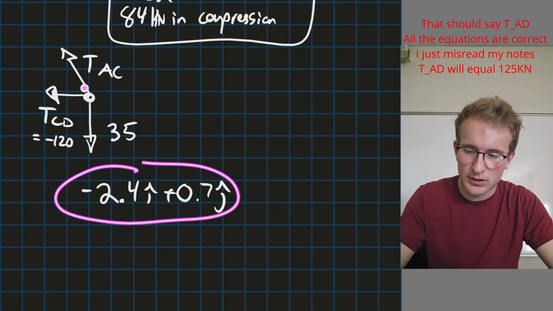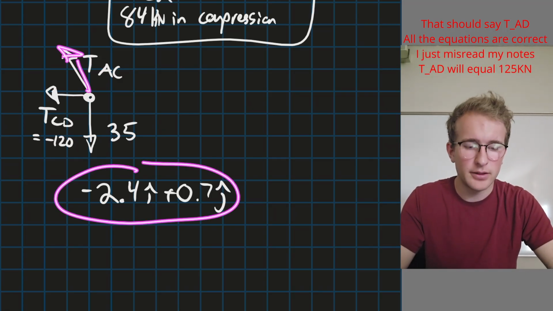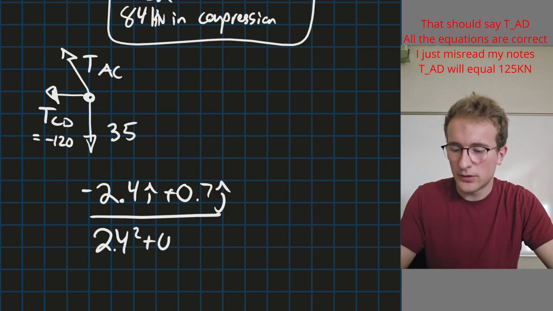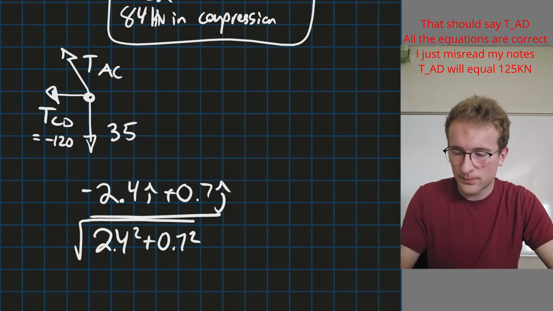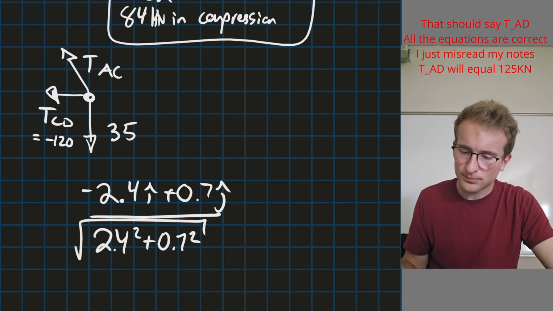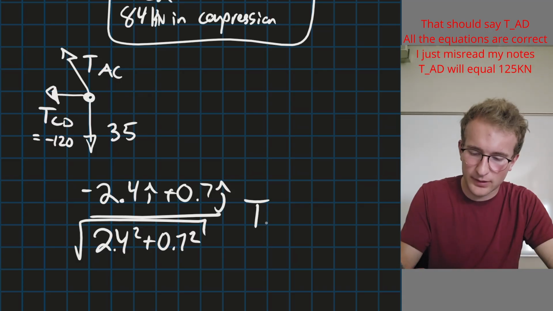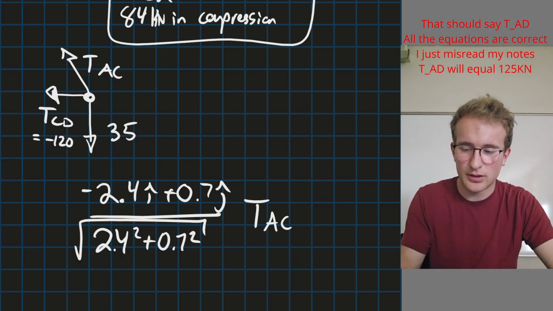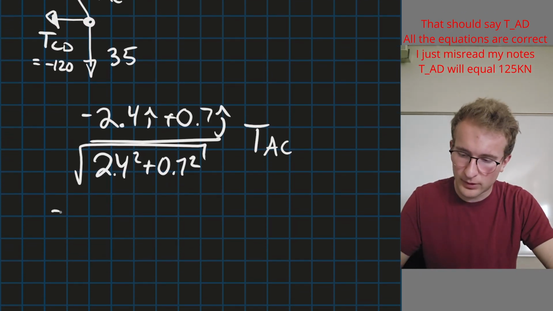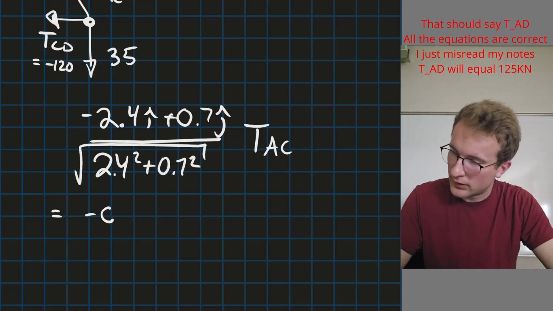That has the same direction as this force vector, but it's not a unit vector, so we divide by its own magnitude, like that. And we multiply by the force's magnitude, and that's our force vector. Simplify.